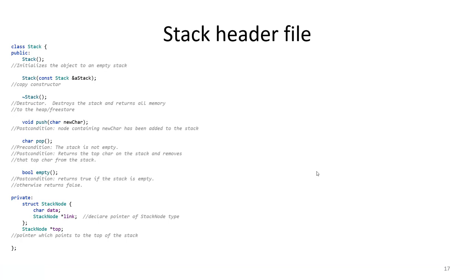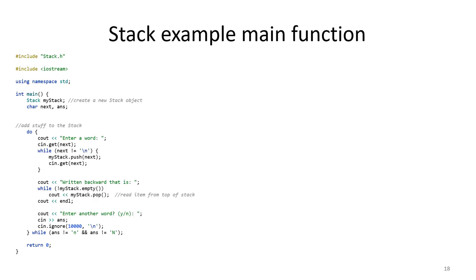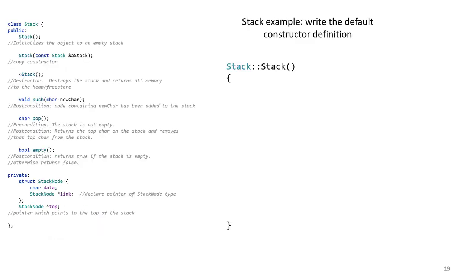So now that we've seen our stack example and our header and main function, let's try practicing writing some of these function definitions. In this case, we're being asked to write the default constructor for our stack class.